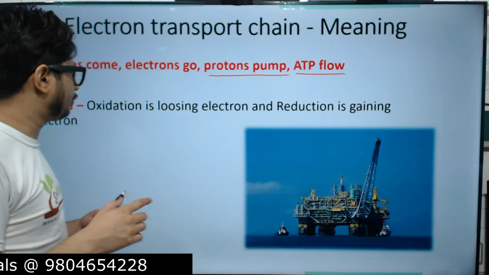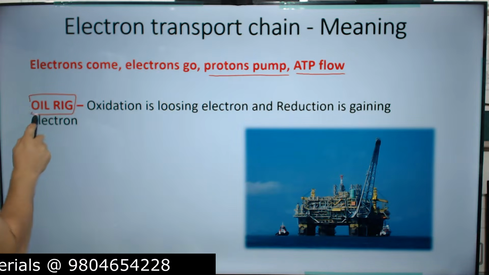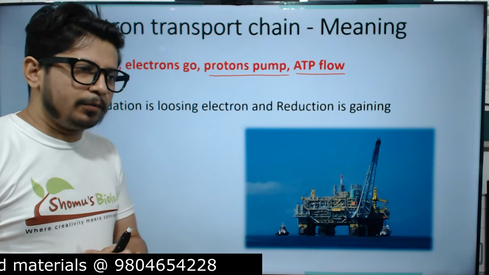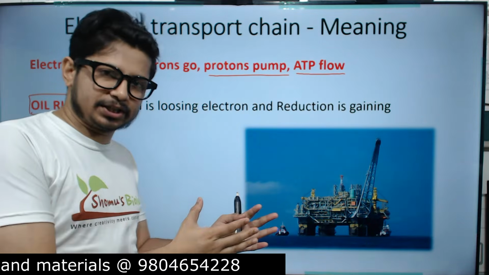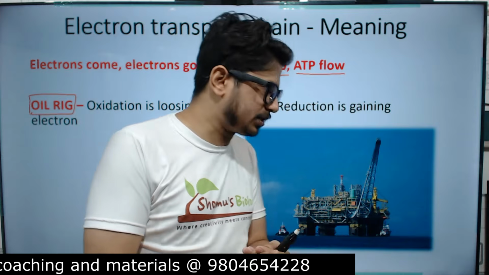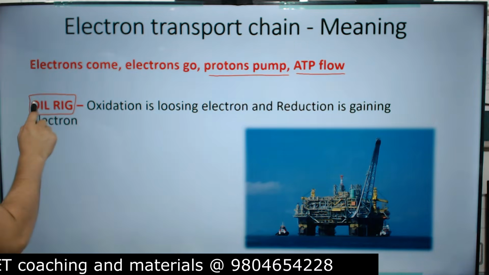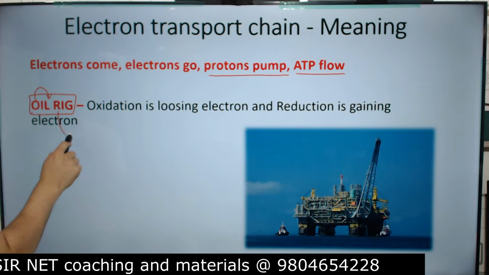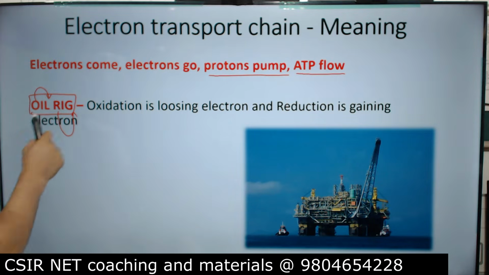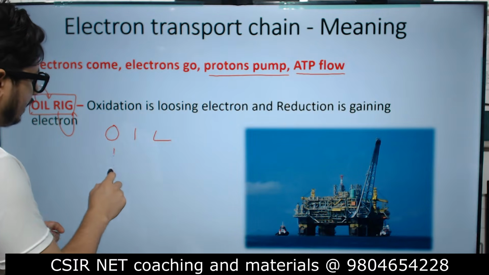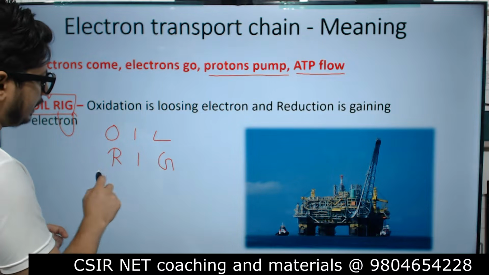Another thing I want you to remember is OIL RIG, because whenever we are talking about the involvement and flow of electrons, we are talking about oxidation and reduction. Whenever there is electron flow from one intermediate to the other, there is always an oxidation-reduction process. Oxidation Is Loss of electrons, Reduction Is Gain of electrons.